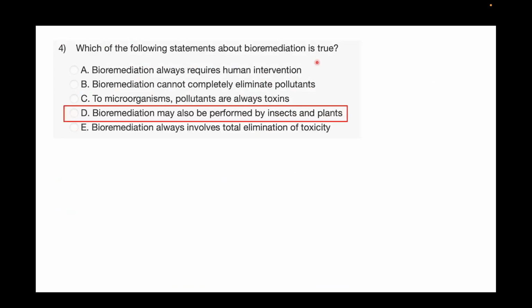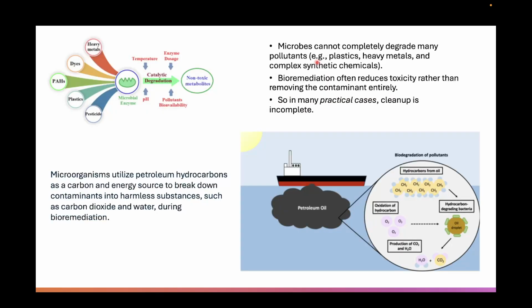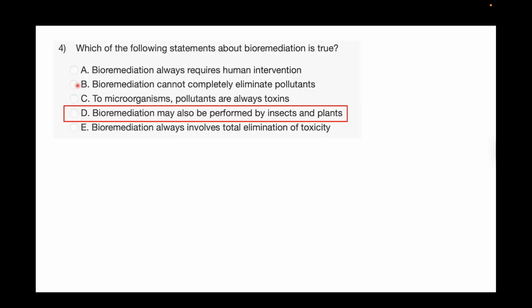But there are some pollutants which it can completely eliminate, like hydrocarbons, like petroleum products, which can be utilized by microbes as an energy source to break down contaminants into harmless substances. So this negates option B and option E completely.